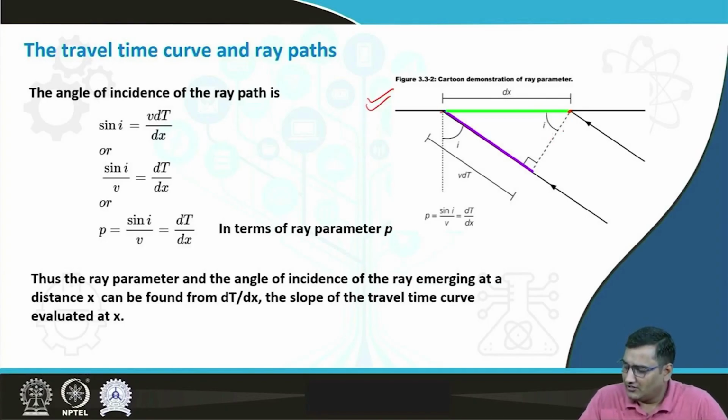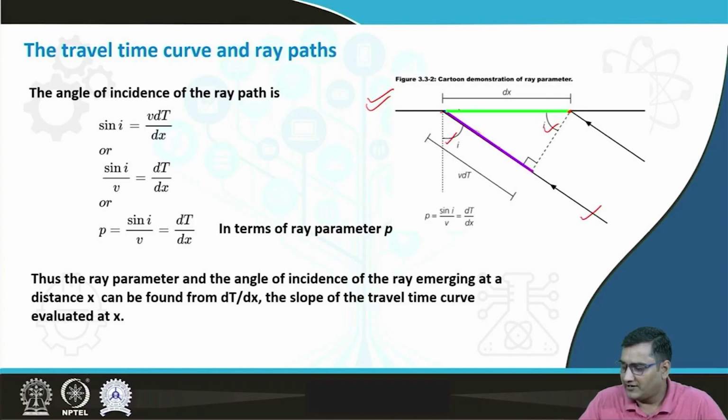If you look at this diagram, the incident angle is I, that is over here. You can see the rays are incident at an angle of I, and since the rays are dt time apart, this ray will travel an extra distance of v into dt.